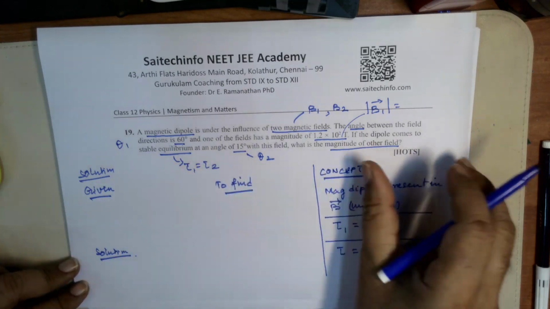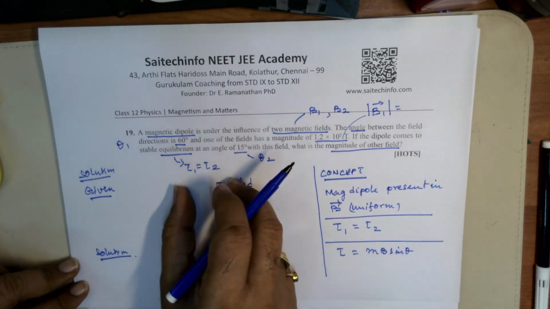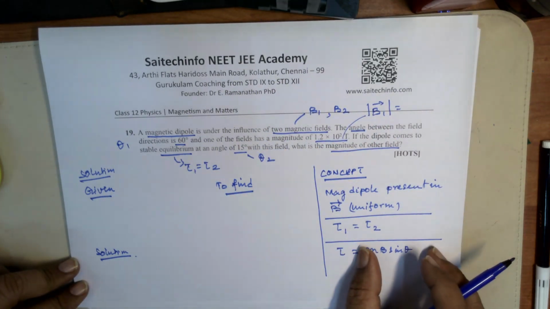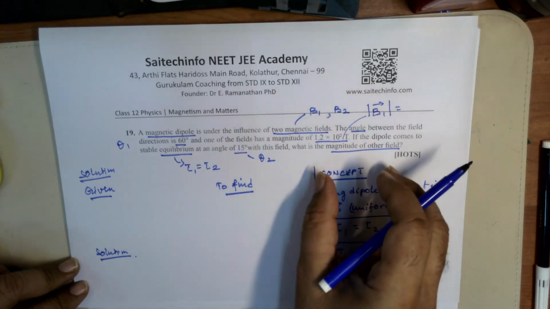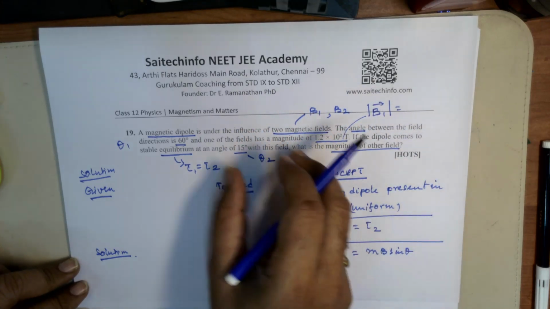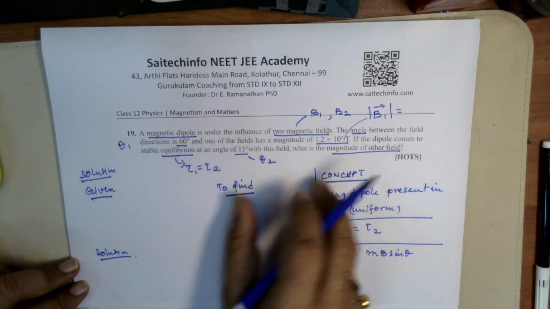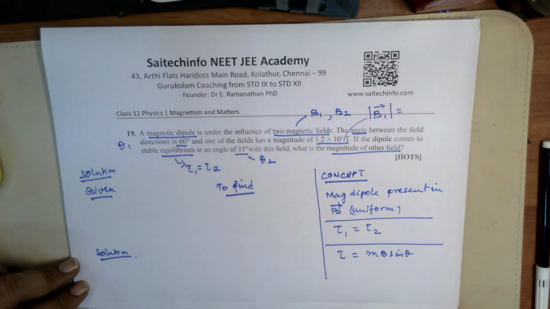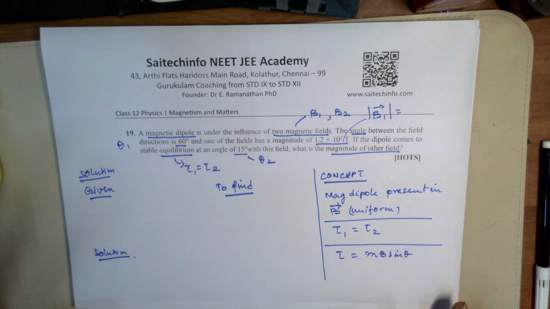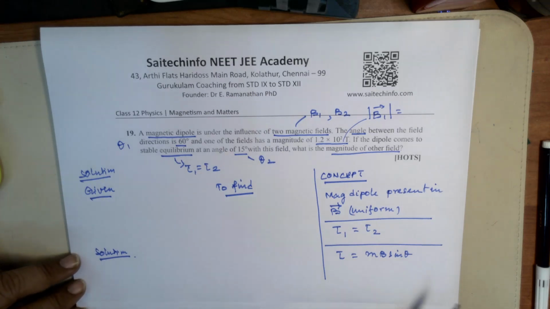Whenever you look at the problem, you should be able to identify the important parameters that are represented as symbols. Once you are able to symbolize all these parameters given in the problem, you can easily arrive at the concept and easily substitute in the relevant formulas also.